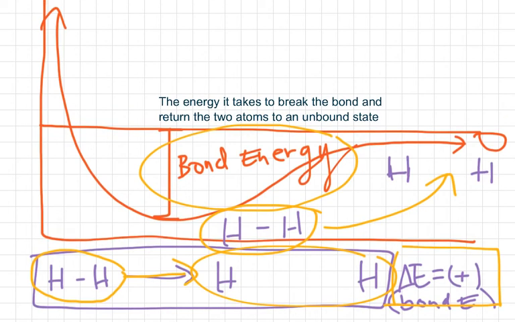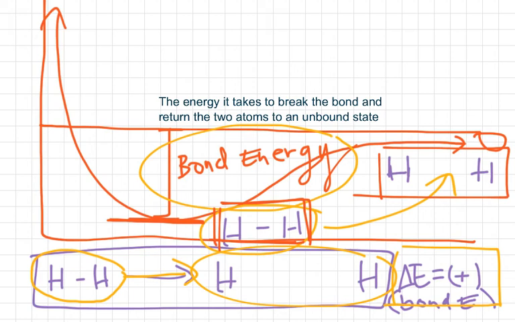Now, how do you exactly read this graph in order to get the bond energy? Well, if you think about it, this minimum here is the amount of energy that's stored in the bond between H and H. So if this H and H wants to go to the point where they don't have a bond with each other, that means that the energy here has to go all the way up here, where this is the energy when they're unbonded.